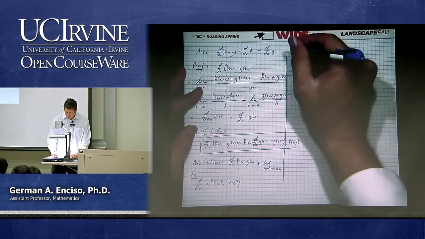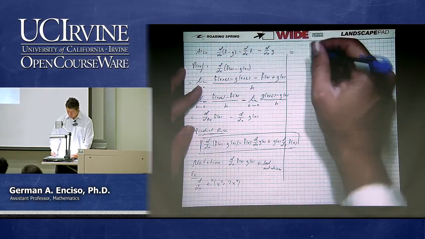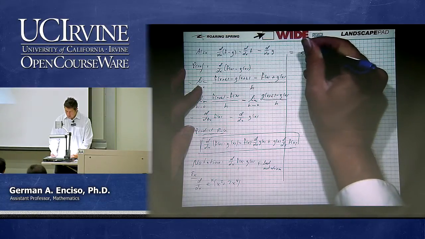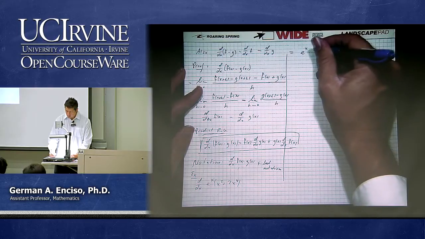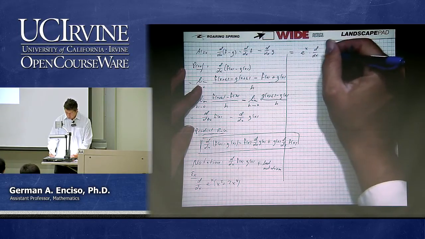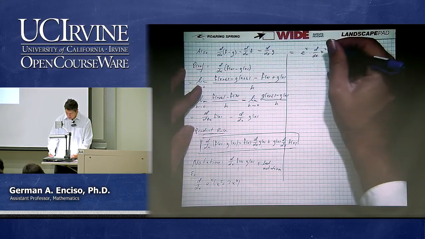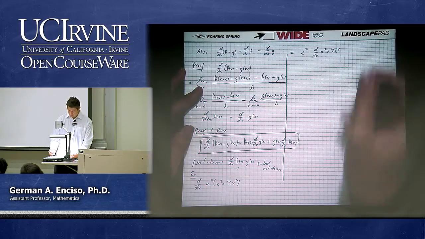Well, using the product rule, this is equal to what? Well, e to the x multiplied by the derivative of the second function, which is x squared plus 2x to the 4.